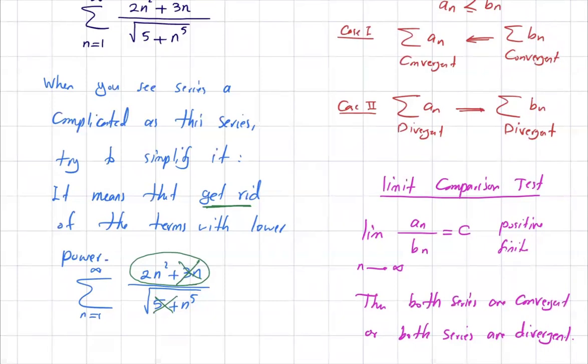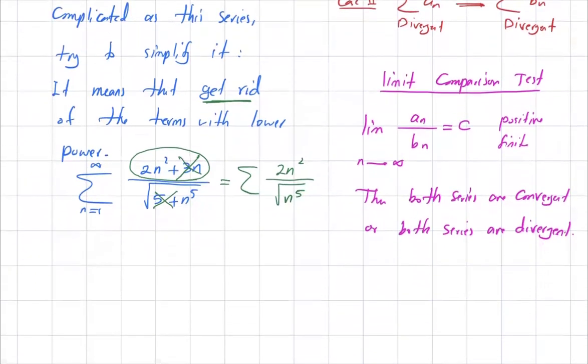So you can simplify this into the series of the form 2n squared divided by square root of 0 plus n to the fifth, or n to the fifth. You can simplify this further.